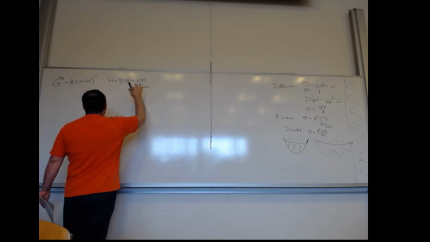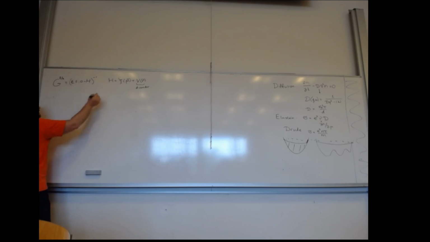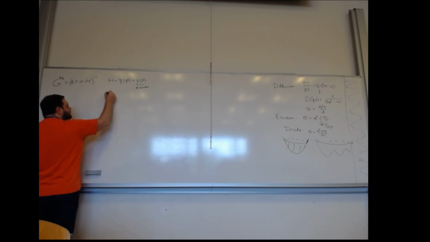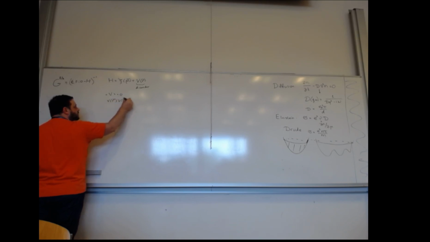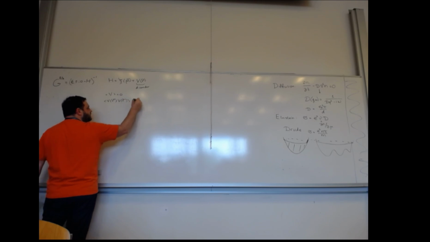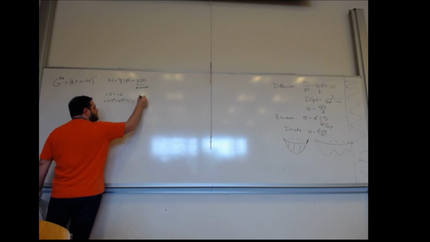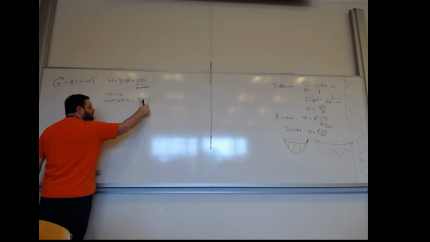And for this disorder potential, we had the Gaussian distribution, so V on average is 0, and it is fully determined by the second moment. The second moment is just a delta function with a coefficient that contains the parameter tau.